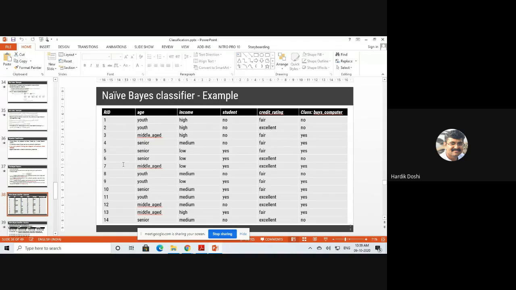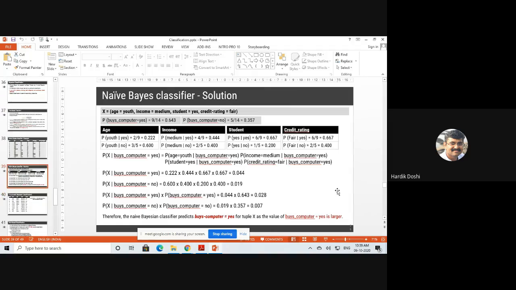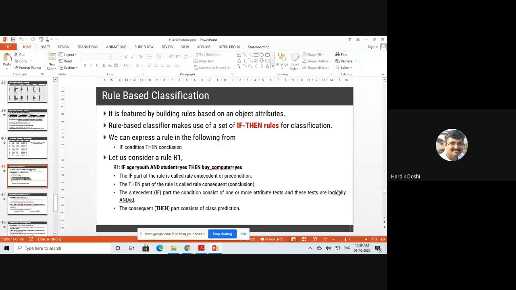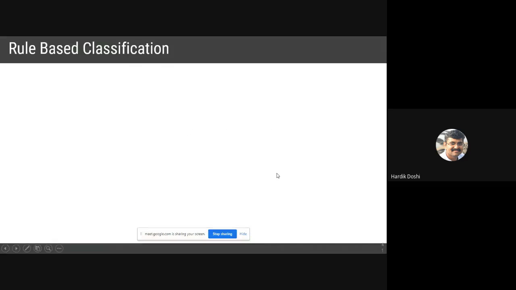So now we'll be continuing further with that. Today we'll be discussing two methods. The first one is rule-based classification, so we'll be starting with that.